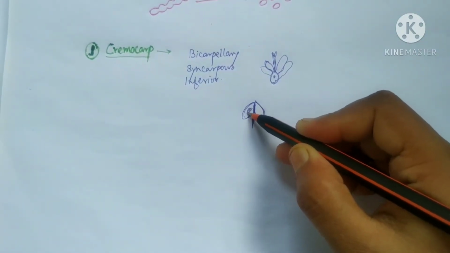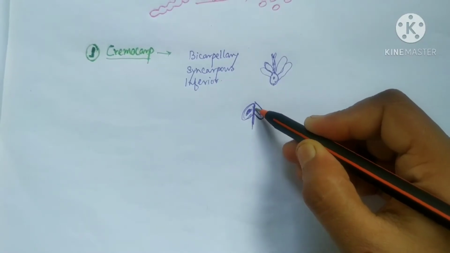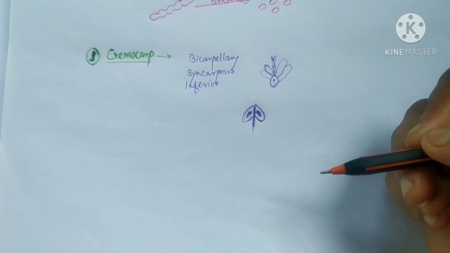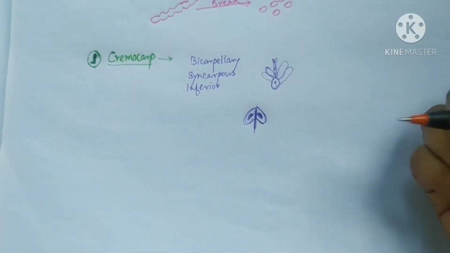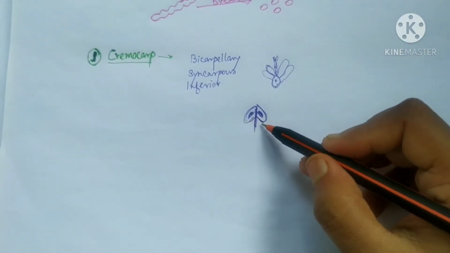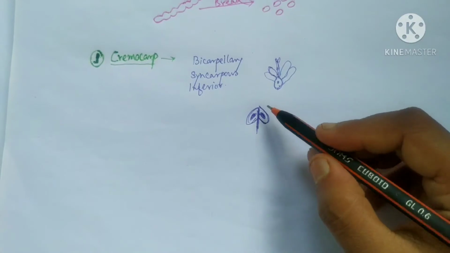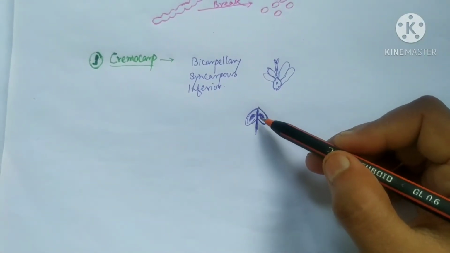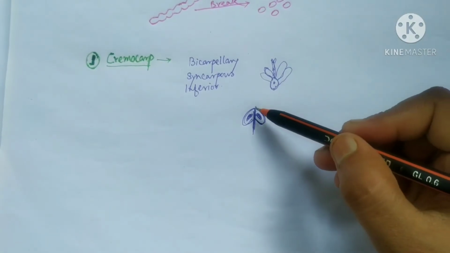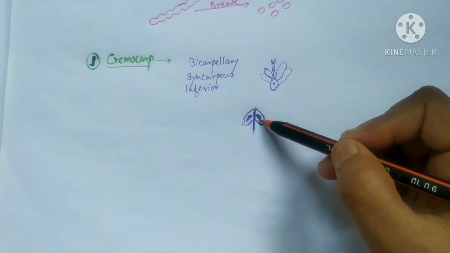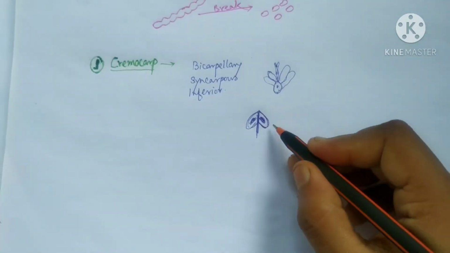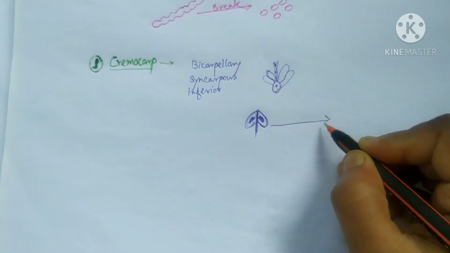Now after maturation, the seeds separate from each other, and they remain attached only at the tip portion.